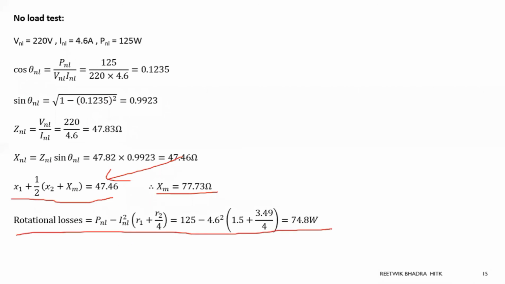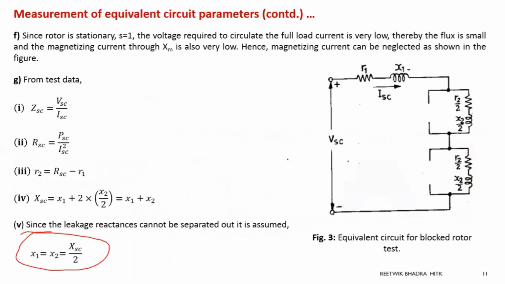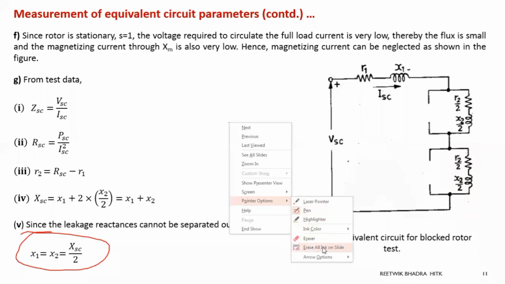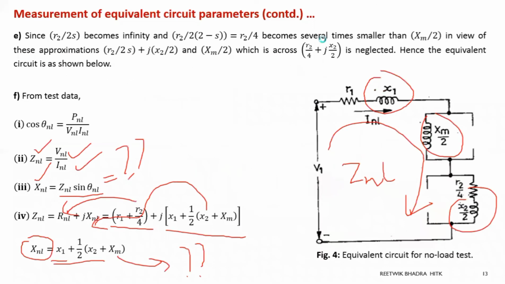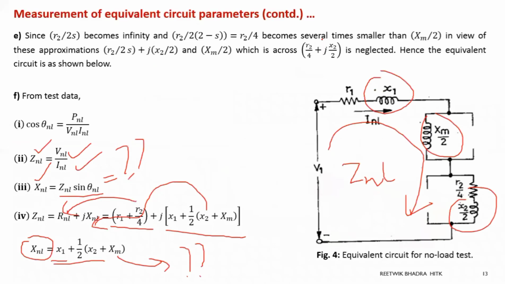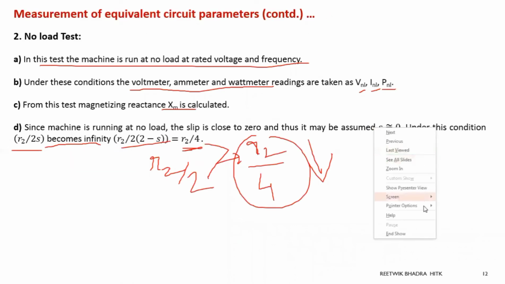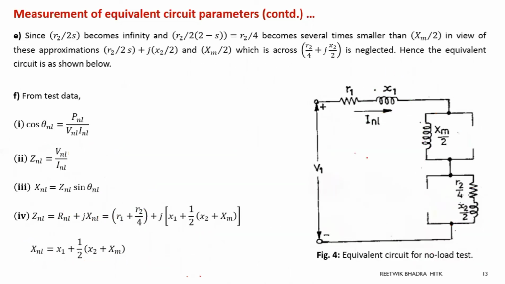What is the rotational losses? Now, if you look into this diagram over here, there will be some no load rotational losses or copper losses over here also. There is some resistance present over here.